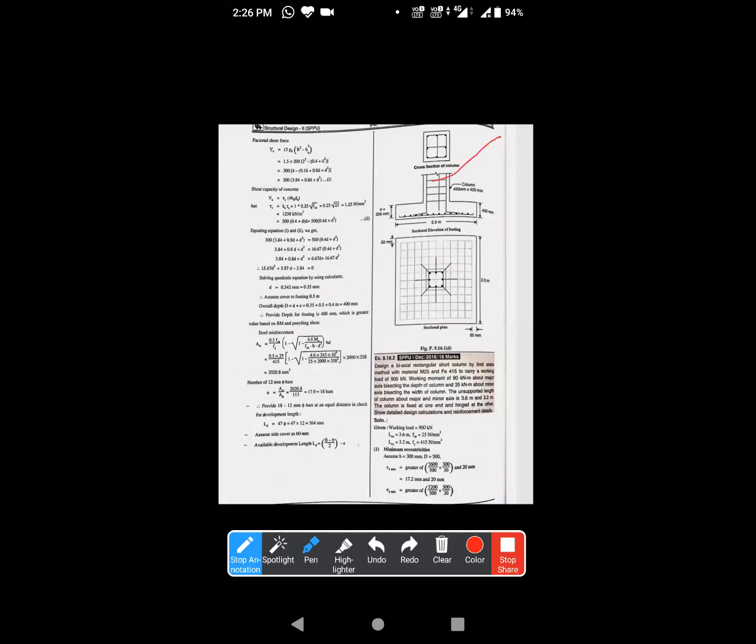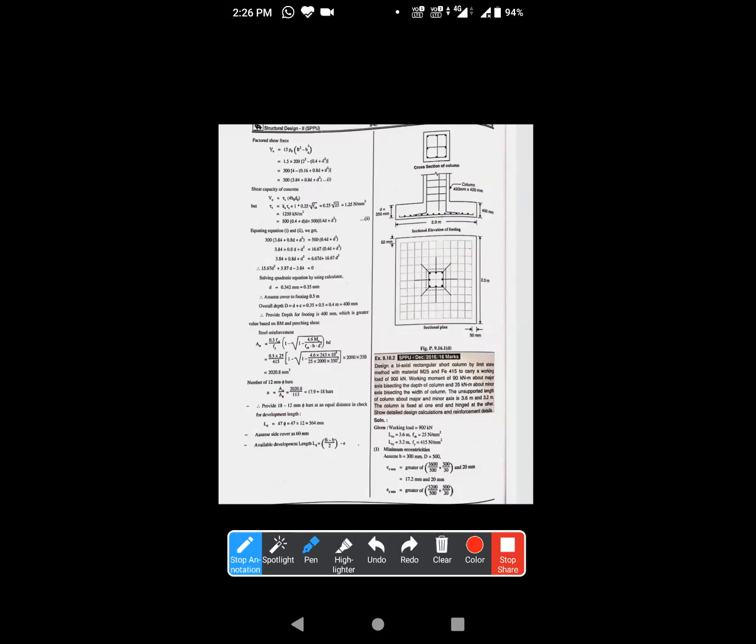See here, these are the lateral ties and this vertical is your longitudinal steel. This is the cross section of your column, this is the sectional elevation of your footing, and this is the sectional plan of your footing. That means whatever you have provided with the footing is nothing but 12 phi of 18 numbers.